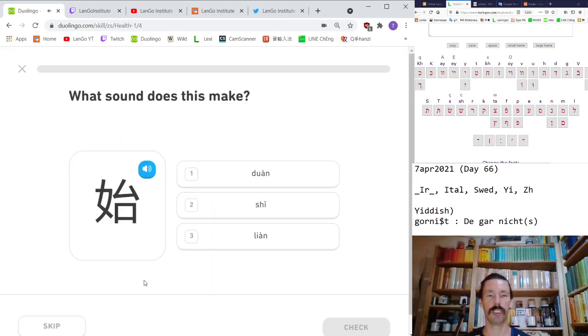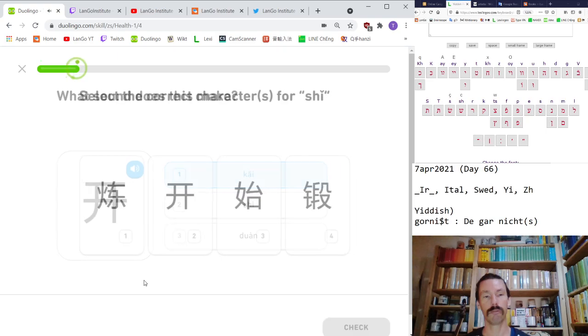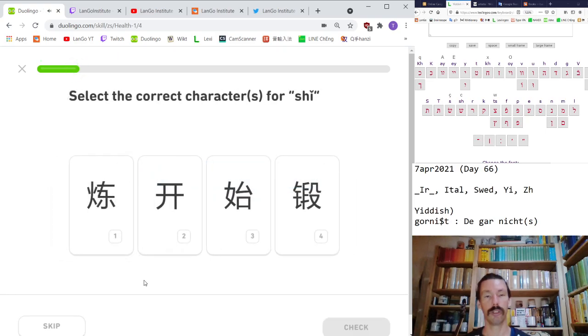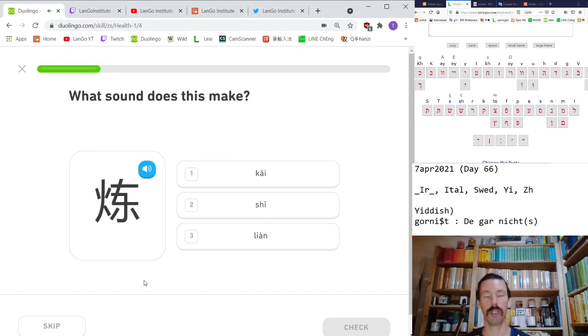始 in words meaning beginning. 开 Kai to open. Be open. These two together. 开始 means start, begin. 锻炼 These two together in the opposite order.